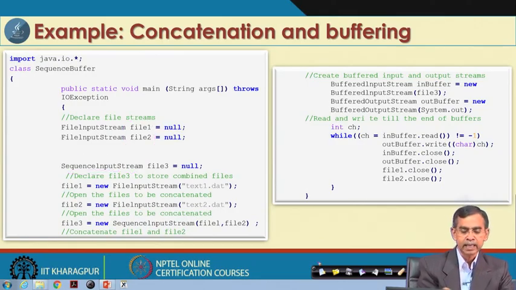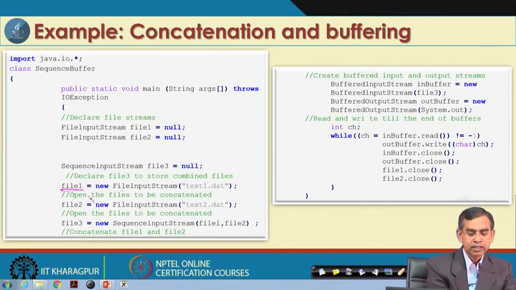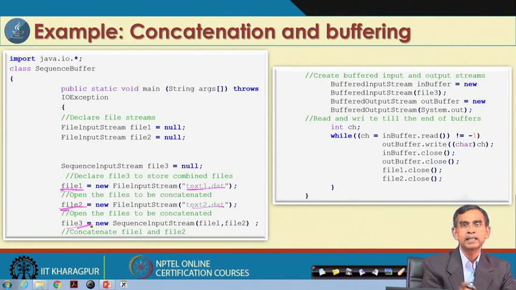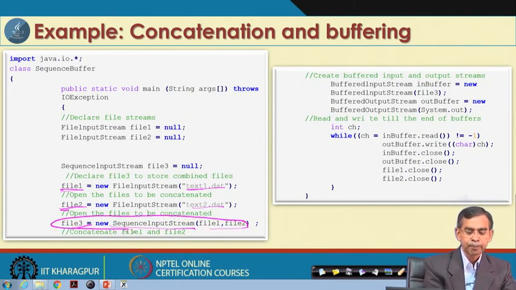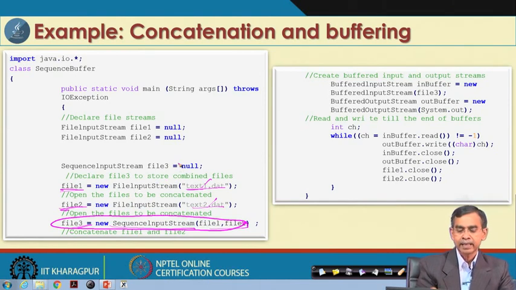File 1 is the first object, file 2 is the second object that we have created, these are the names of the files, suppose, and file 3 is the concatenation or merging of the two files. So, we can create an object of sequence input stream with file 1 and file 2. This concatenates the text 1 data and text 2 data into one file, and that file can be stored there.